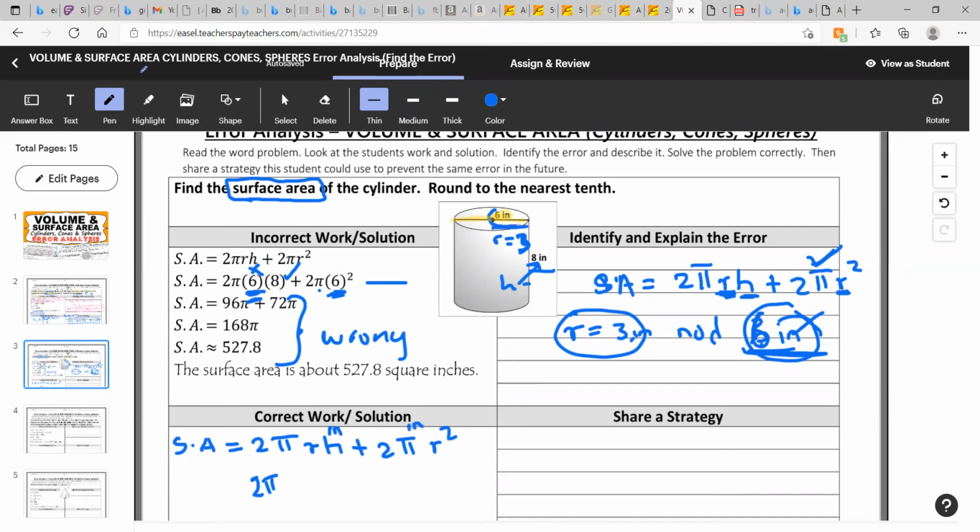Inch plus inch, so we're adding two inches together and the unit stays as inches. Every time you see two variables or numbers standing next to each other, it means you're multiplying. So this is 2 pi times 3, and the height was 8, times 8, plus 2 pi times 3 squared.